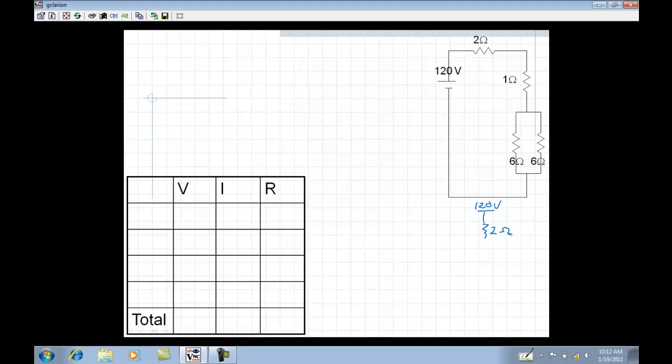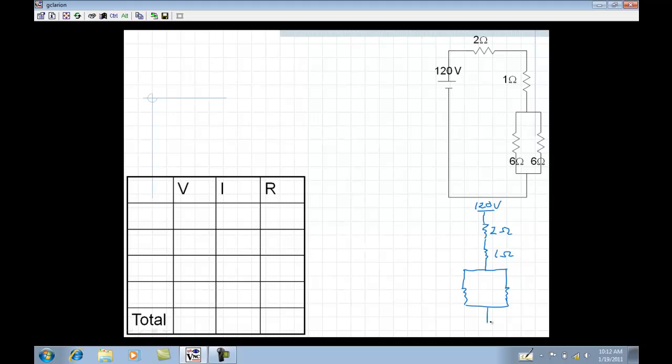Then what does it do? Then it gets to a 1 ohm resistor. Then what happens? It branches off. 2 paths, to a 6 ohm resistor and another 6 ohm resistor.